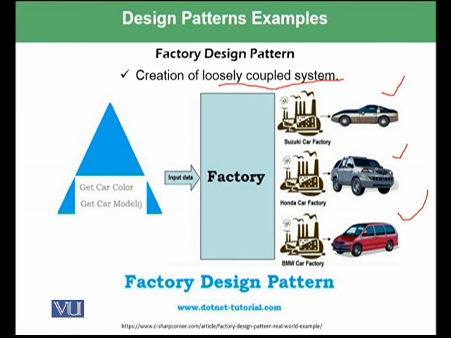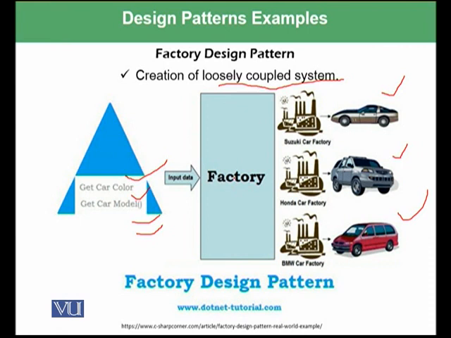So the factory design pattern takes some inputs from the user. It says, okay, tell me the color of the car, the model, and some other options, which may be taken from the user, and those are inputted to the factory. This doesn't mean that the factory starts manufacturing the car for that particular user.